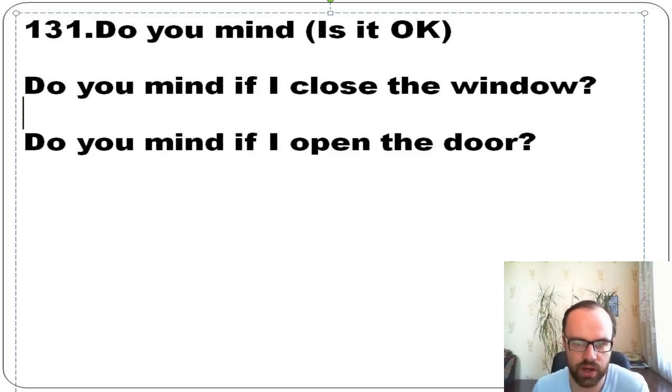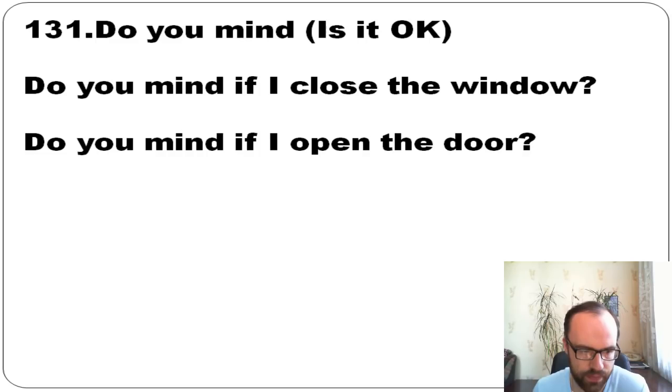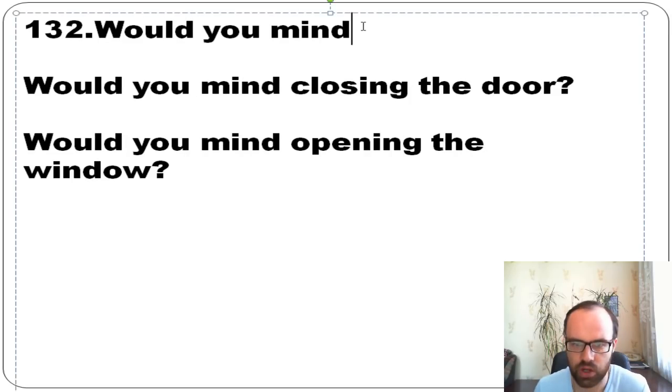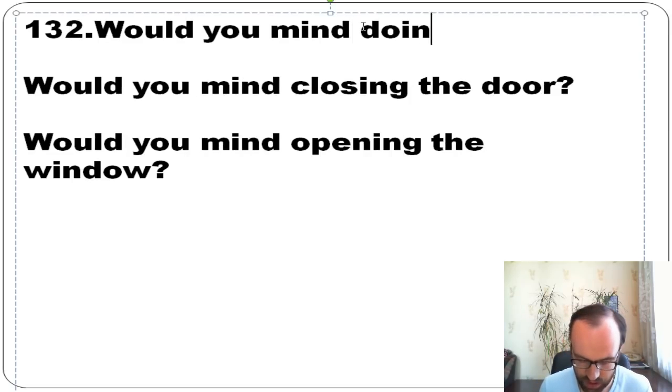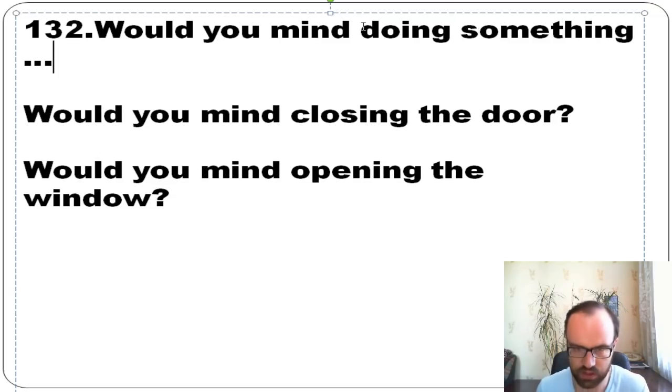Do you mind if I open the door? Or would you mind? But remember that you say, would you mind doing something? Would you mind closing the door? Would you mind opening the window? So it's a similar structure.